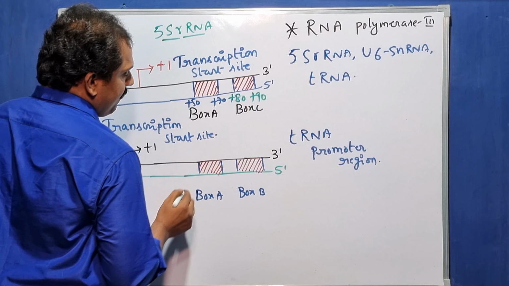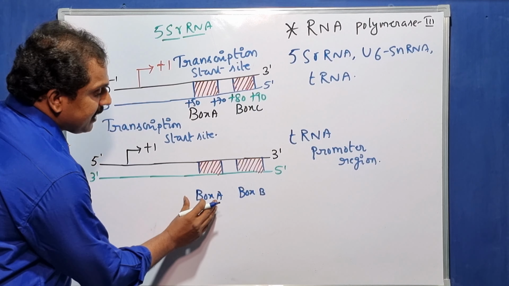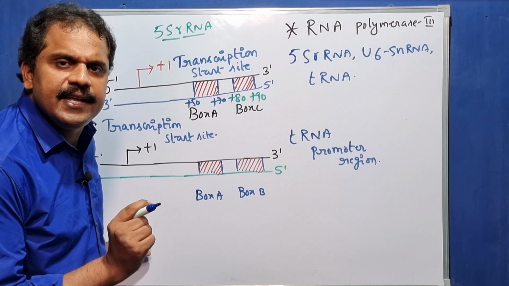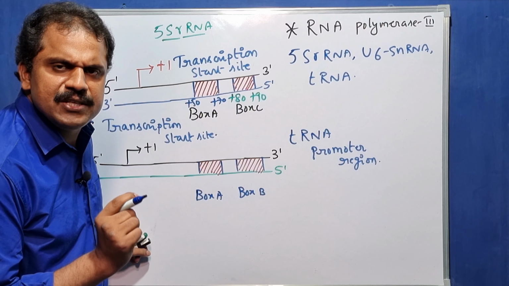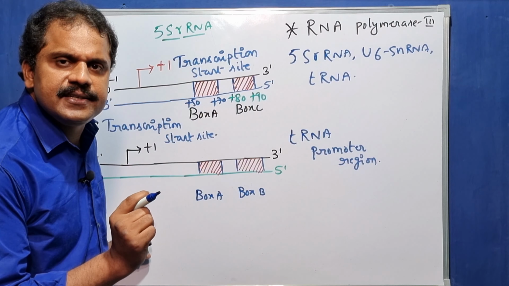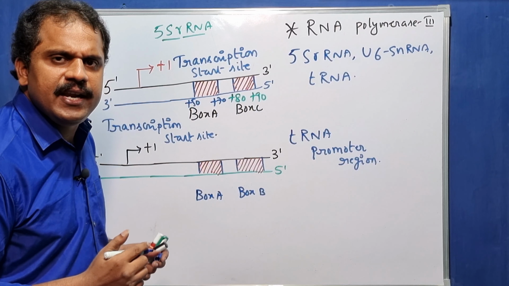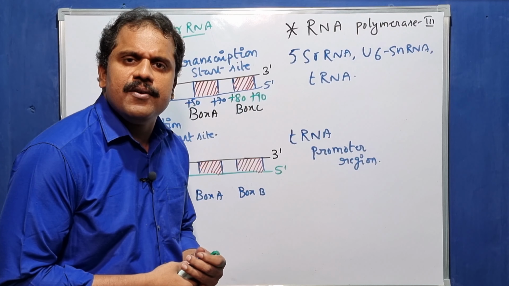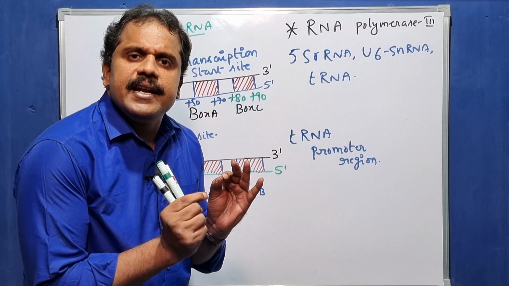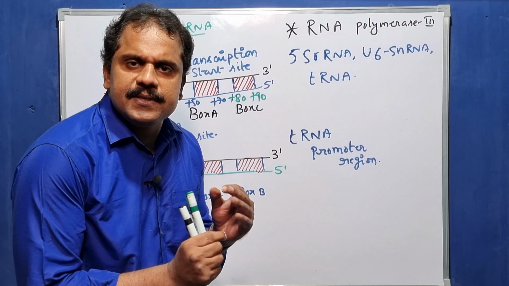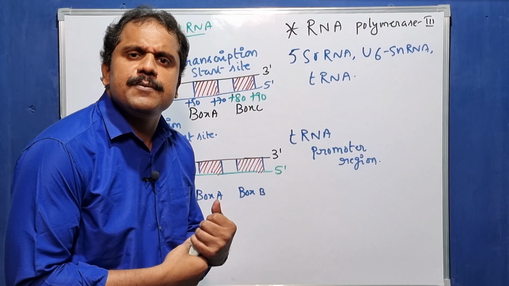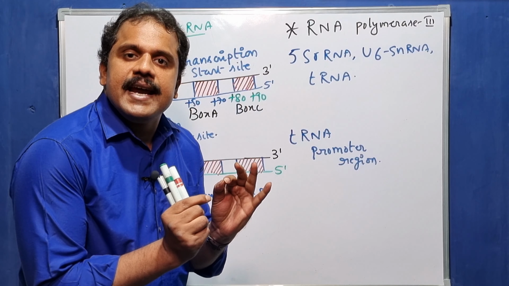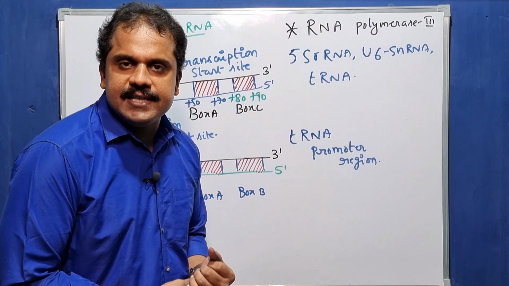From the point of the transcription start site, the box A element is located around 10 nucleotides and 30 nucleotides far away. Is it clear? That is the reason why it is denoted as plus 10 and plus 30. In the same way, the box B element is located around 50 nucleotides and 70 nucleotides far away from the transcription start site.